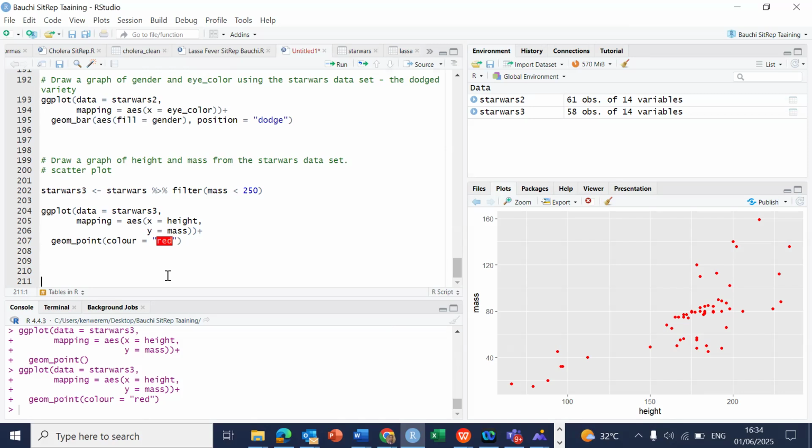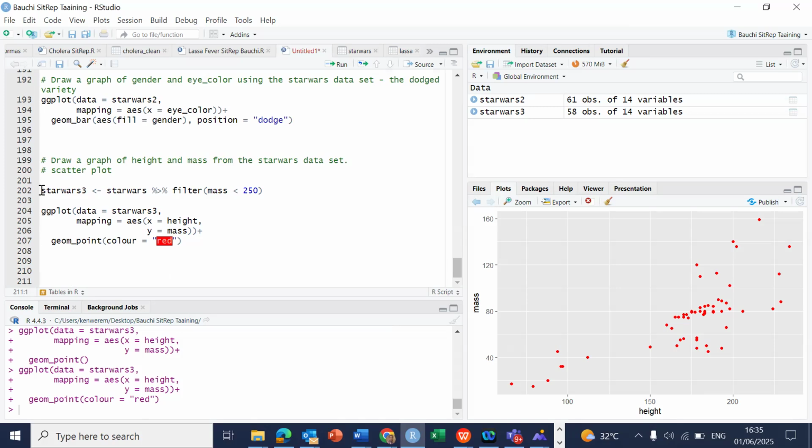What's the difference between mapping to a general color and mapping to a variable? We discussed that yesterday.